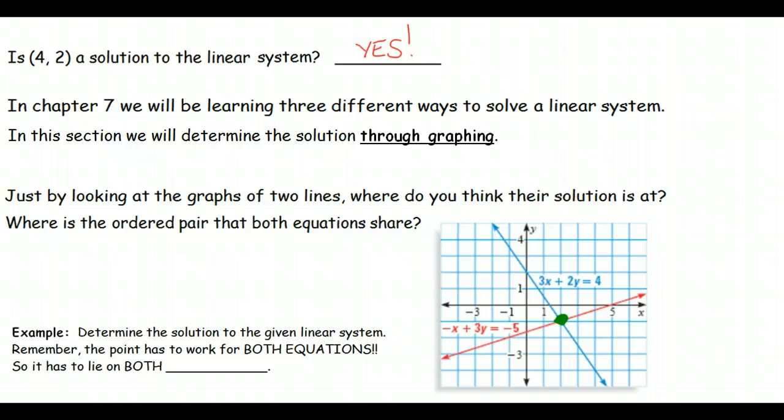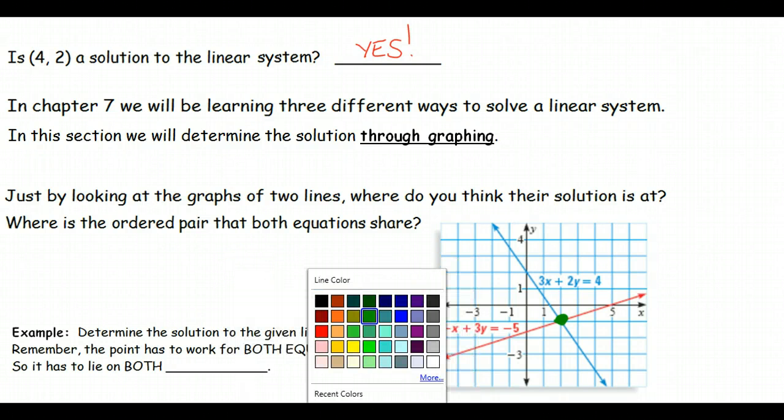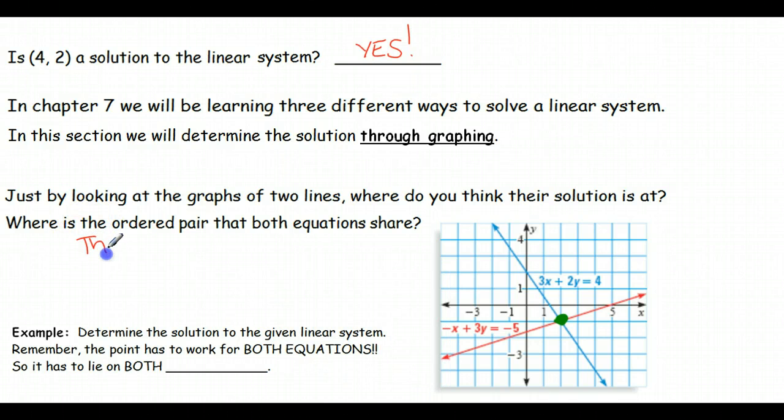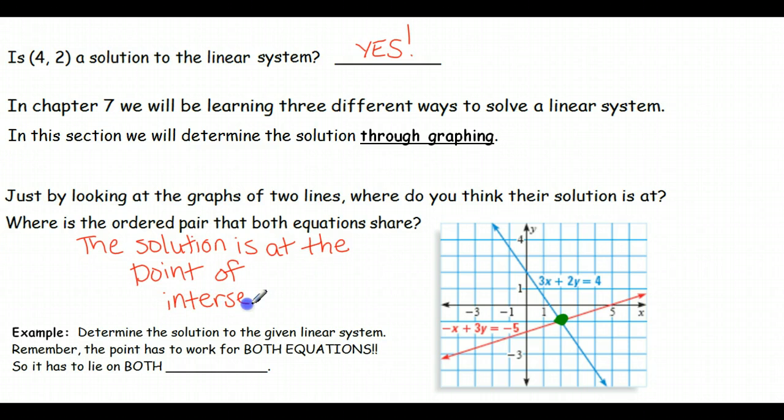So why don't we go ahead and make ourselves a little note that the solution is at the point of intersection. Again, it is the ordered pair that exists on both lines.